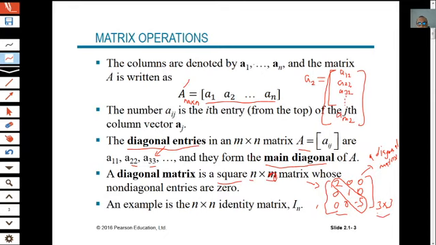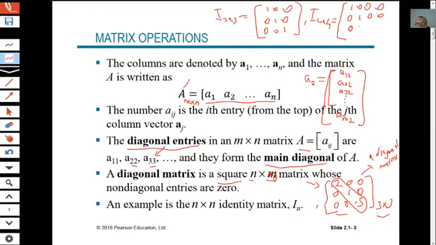For example, the 3 by 3 identity matrix can be given as 1 0 0, 0 1 0, 0 0 1, or the 4 by 4 identity matrix can be given as 1 0 0 0, 0 1 0 0, 0 0 1 0, 0 0 0 1.